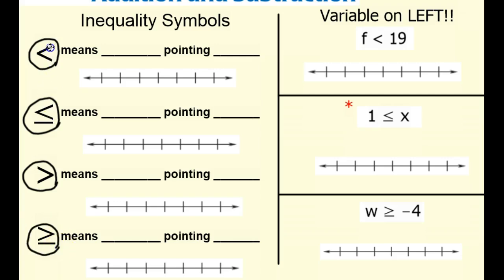This sign right here means less than. So this is less than. An easy way to remember that is we can put a line right here and it makes a 4. If that is less than, this must be greater than.